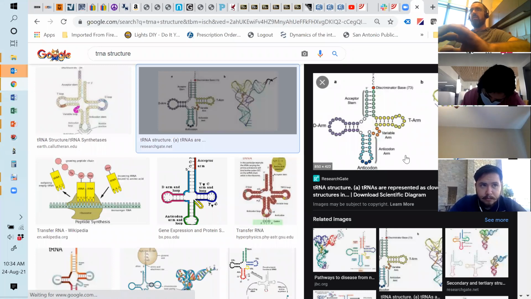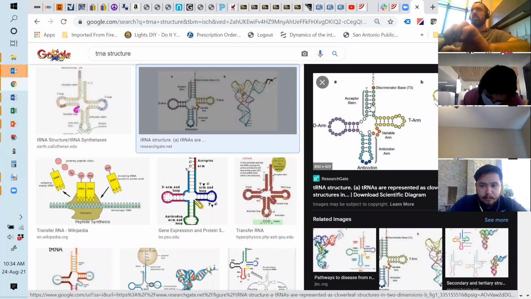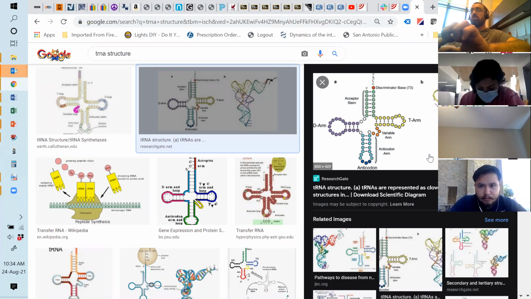So if you're looking at it kind of simply, like in a 2D fashion, this is what tRNA looks like. I don't actually know what these other arms do, but this one is involved in binding to mRNA. If you look at it in a 3-dimensional model, it looks very different.